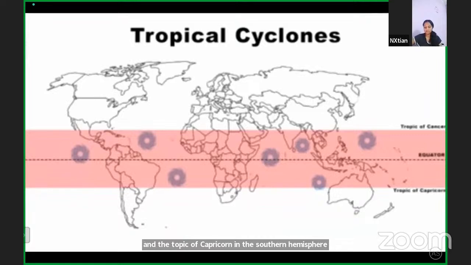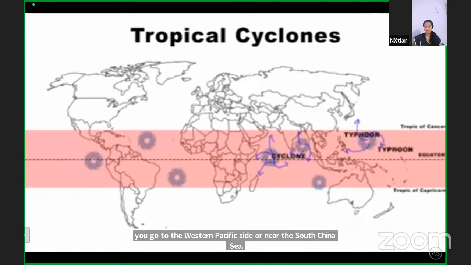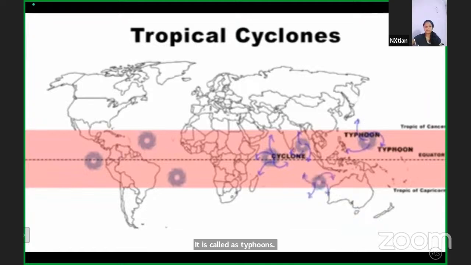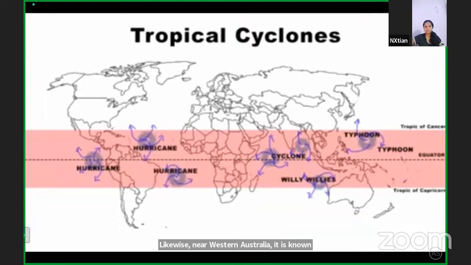Tropical cyclones are known by different names depending on the region. In the Indian Ocean, they are known simply as cyclones. On the Western Pacific side or near the South China Sea, they are called typhoons. Likewise, near Western Australia, they are known as willy-willies. All these different names refer to the same type of storm.